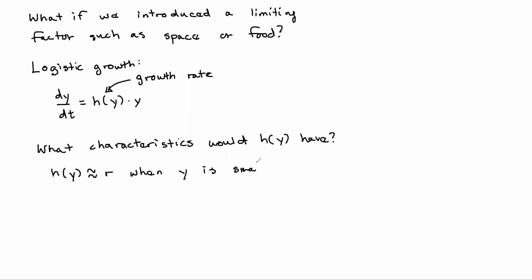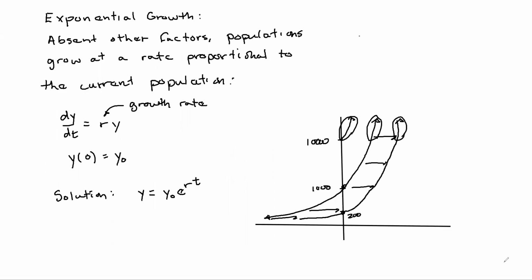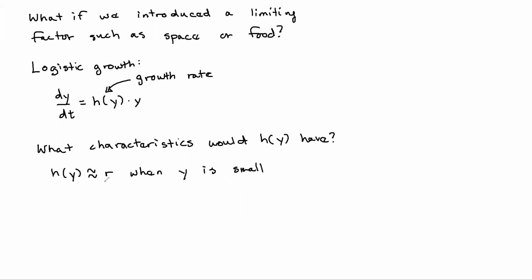When we're not near the restricted food or space, we want this to behave like the previous model, like R times y. So we want h of y to be approximately R when y is small. And then we want h of y to decrease as we approach the limiting condition.